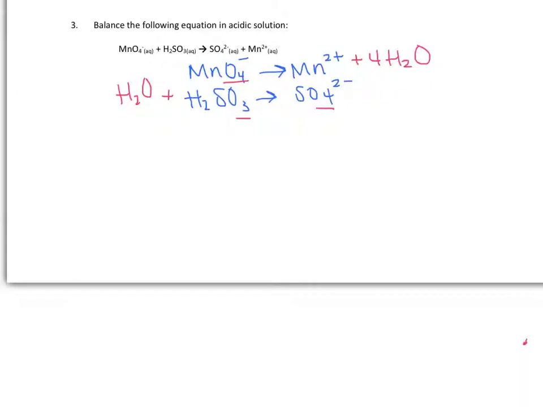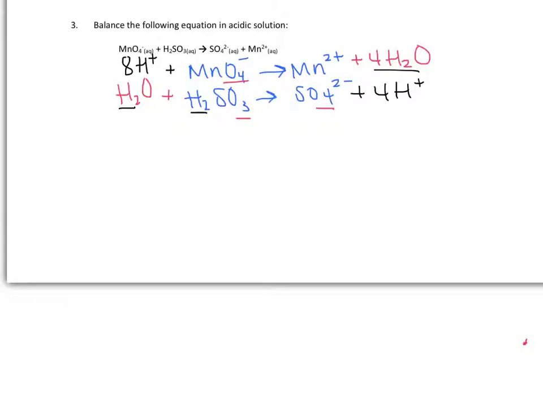Now we have to balance for the hydrogens by adding H positive. I have 8 hydrogens on the product side, so I'm going to add 8 H positive to the reactant side. I have 2 hydrogens and 2 hydrogens to make 4 in total on the reactant side, so I need to add 4 H positive on the product side.